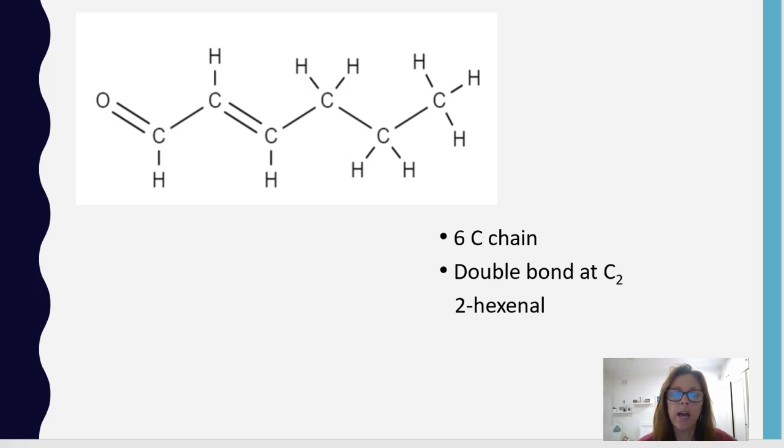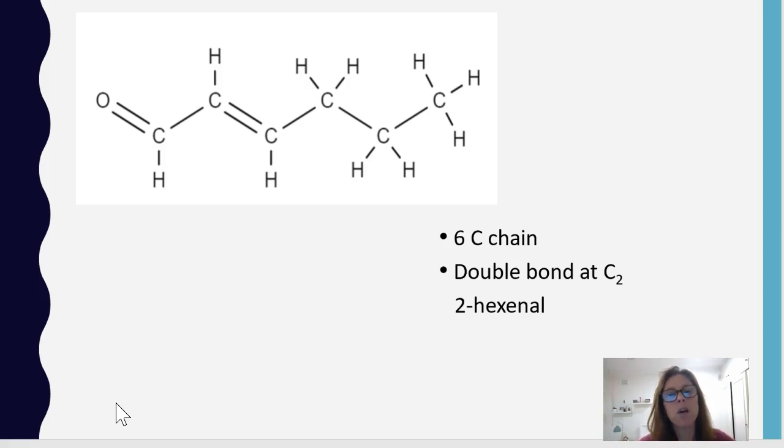Let's try another one. Having a look here, we have a 6 carbon chain, so we're looking at a hex group. Again, as I've said before, we have a double bond there, so we're now looking at a hexene group. Our double bond O over this way is on our end, so that makes it an al group. So we've got our hexenal.